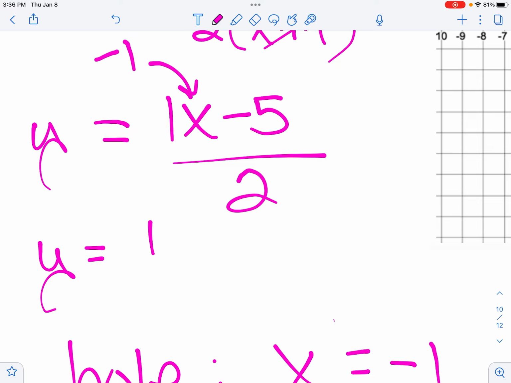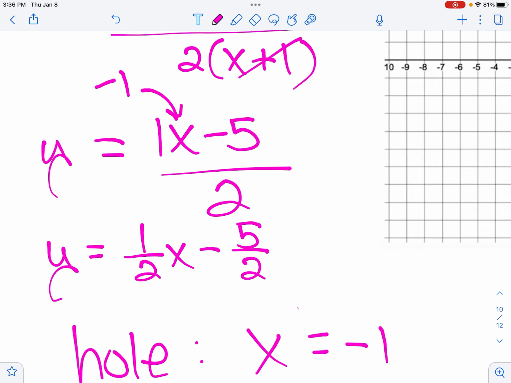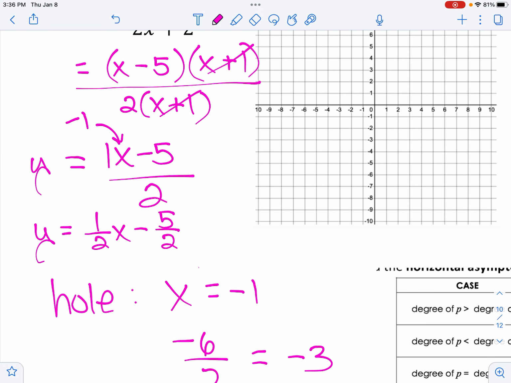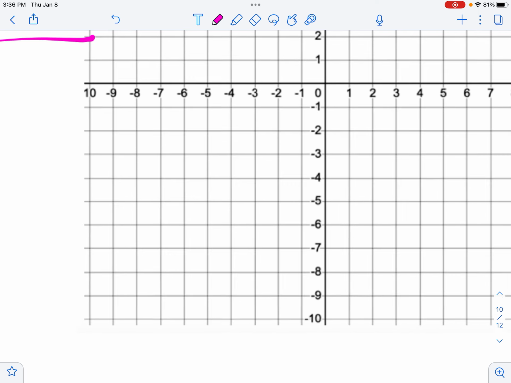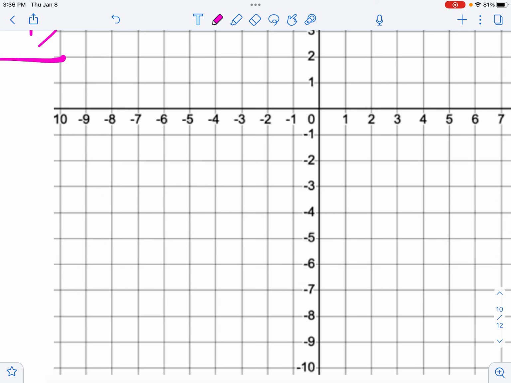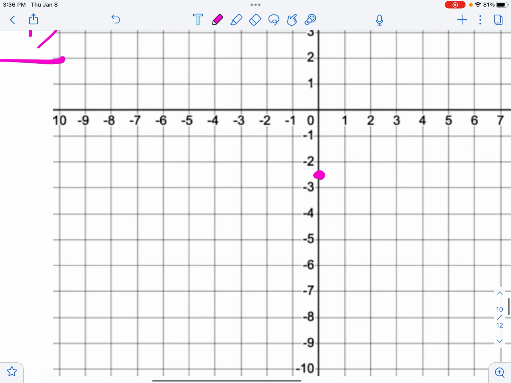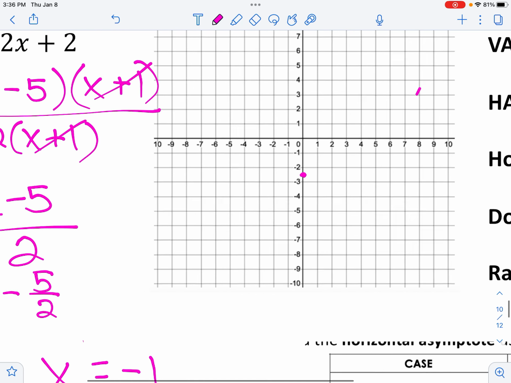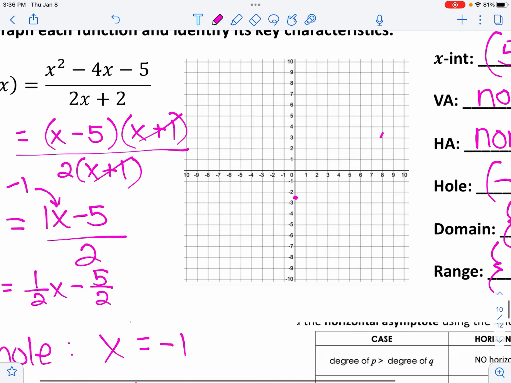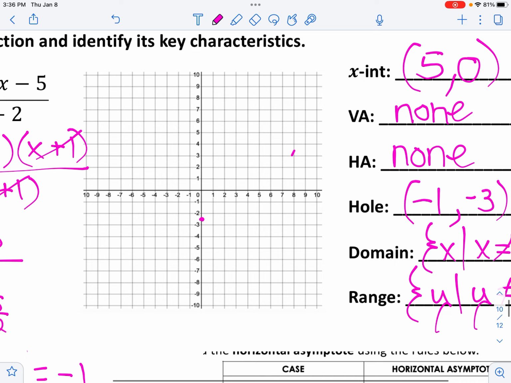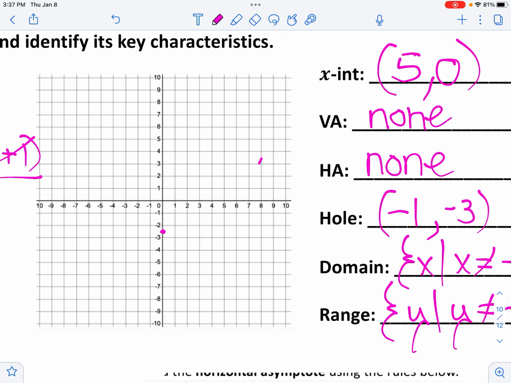So this is really 1/2 x minus 5 halves, if I divide each part by 2. So -5/2 is just -2.5. So this, that's my y-intercept. And then my slope, or maybe you could just say my x-intercept is 5, 0. That's good enough. This is a linear function.